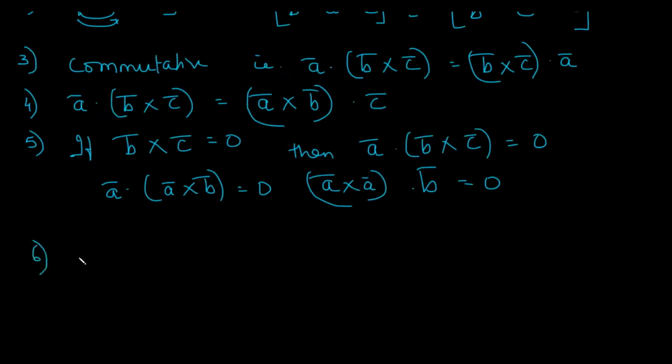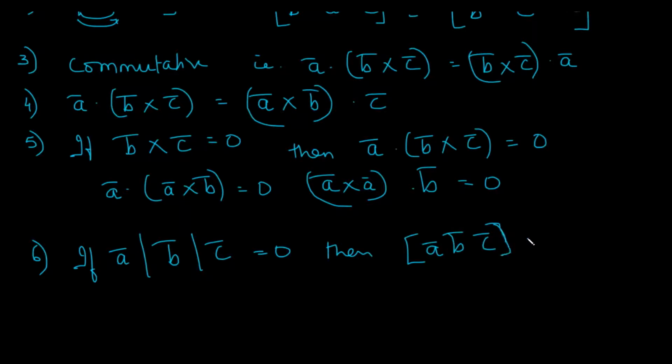Then also, if any one of the vectors is 0, if out of A, B or C any one is 0, then we have box ABC as 0. Then in the same way, for three vectors to be coplanar: how to prove that three vectors are coplanar using the box product?